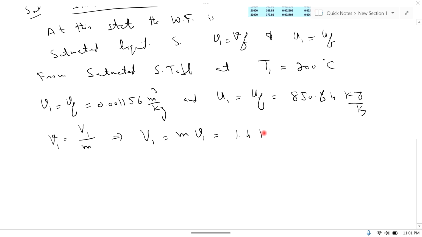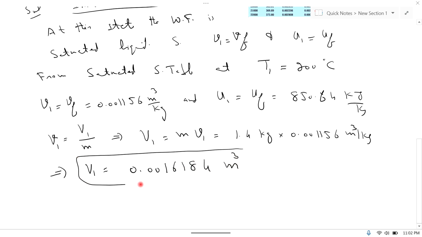Mass is 1.4 kilogram and specific volume is 0.001156 meter cube per kg. So V1 is equal to 0.0016184 meter cube. This is the answer of the first part.